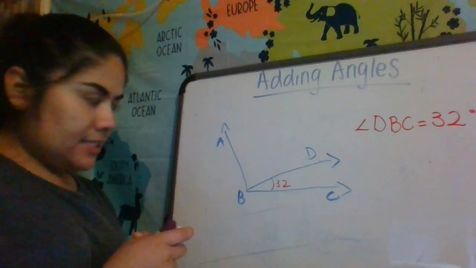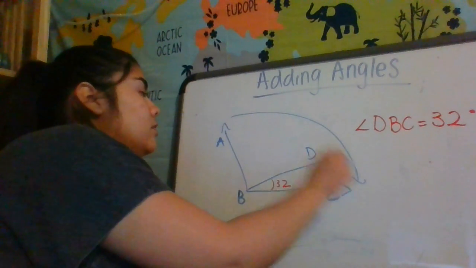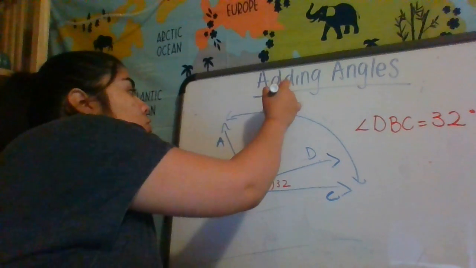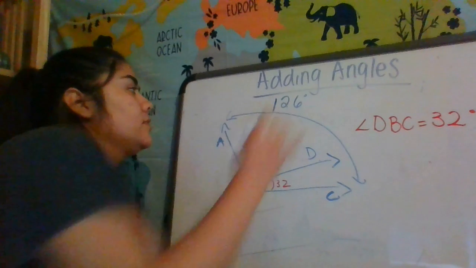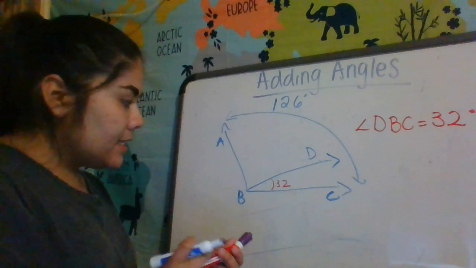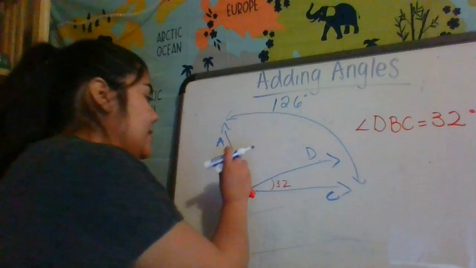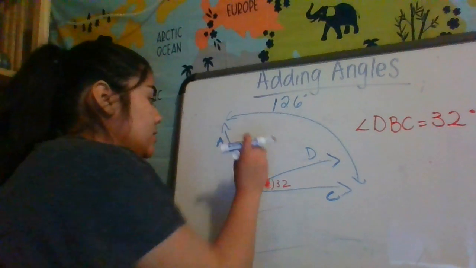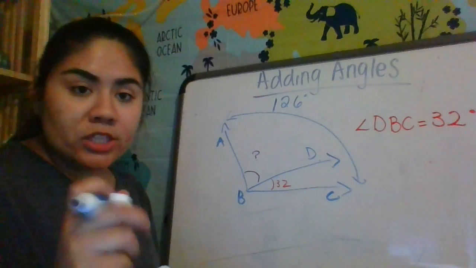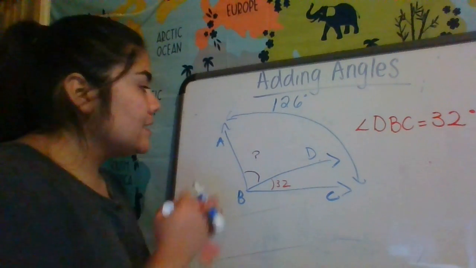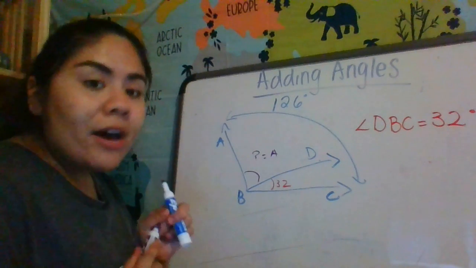And then they tell us that the entire angle altogether is 126. But then they tell us you need to find what angle ABD is. You don't know what this angle is. Now, in your worksheet, they call this the missing angle A.